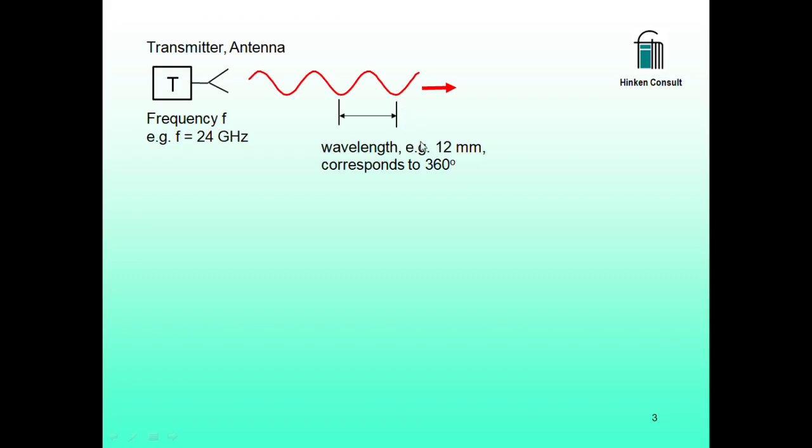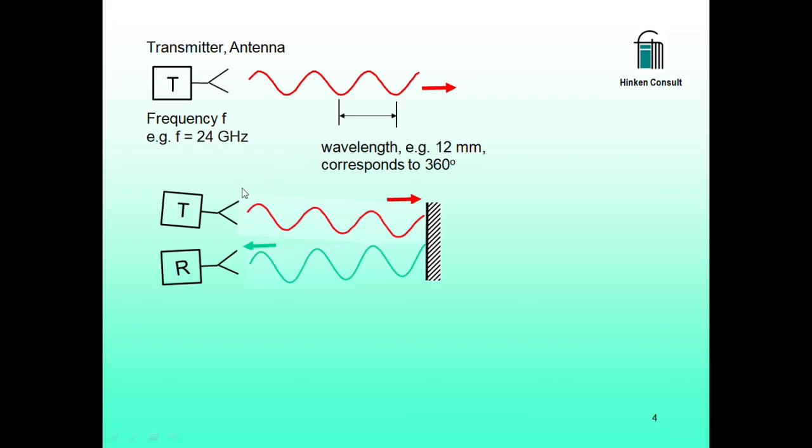In this case, the wavelength is 12 millimeter. Lengths are sometimes also given not in millimeter but in degrees. So one wavelength would correspond to 360 degrees, half a wavelength, for example, to 180 degrees.